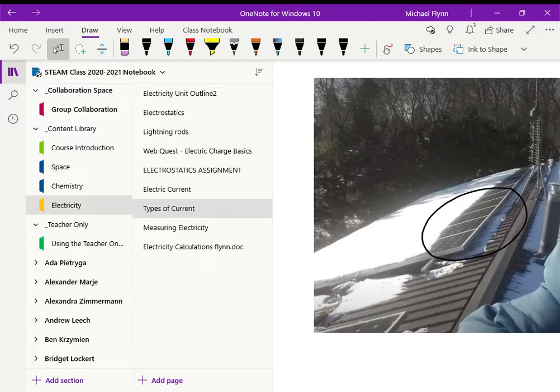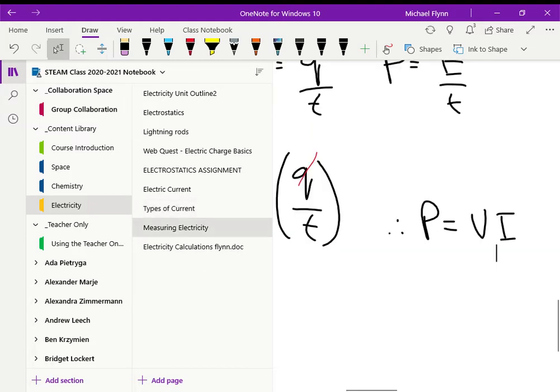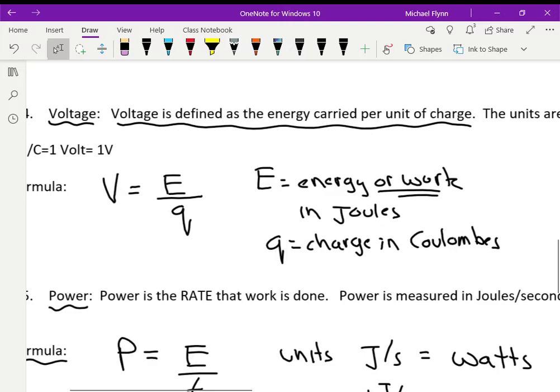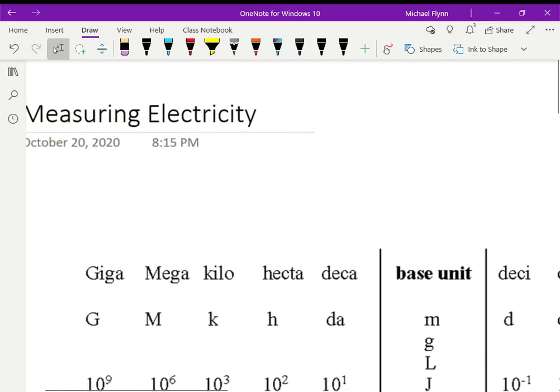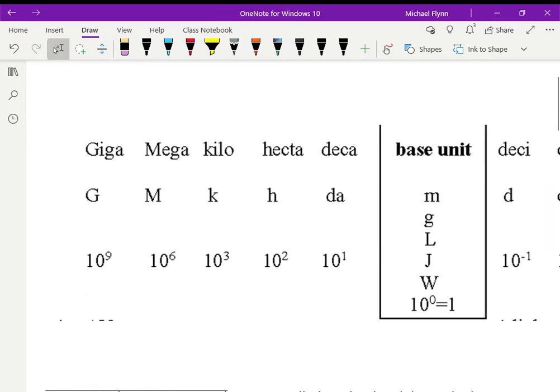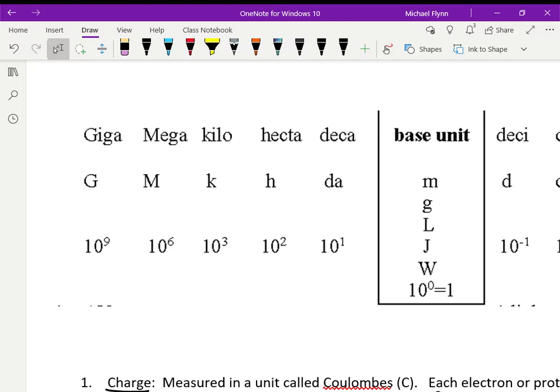Okay, so now that we've looked at different ways we generate electricity, let's talk about how we measure electricity. So I'm going to scroll back up here. So far in our conversations, we have not discussed any numbers with electricity, any kind of math or calculations or anything like that.